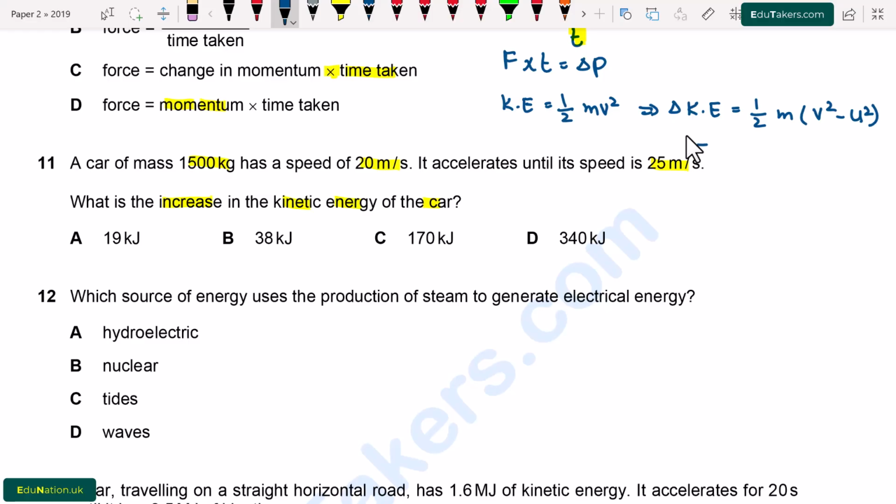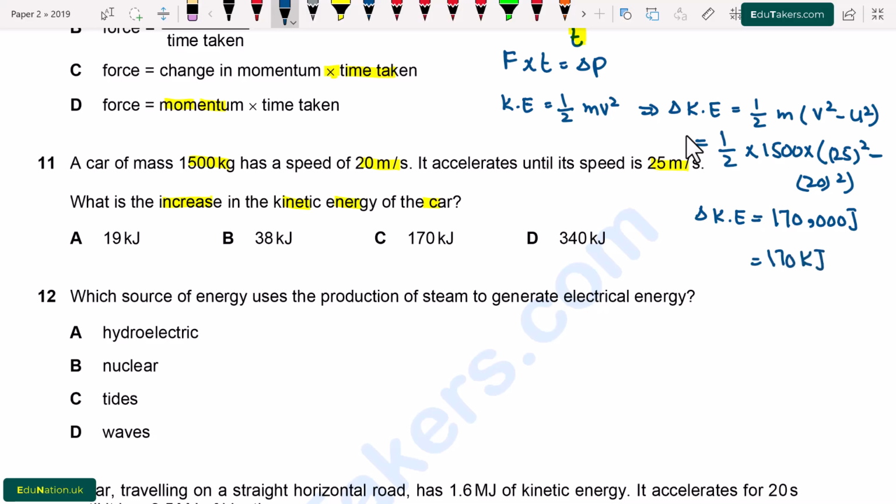Now I am going to put values here, so that the change in kinetic energy will be equal to 170 kilojoule. From here, option C is correct.